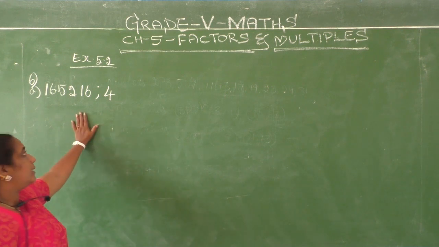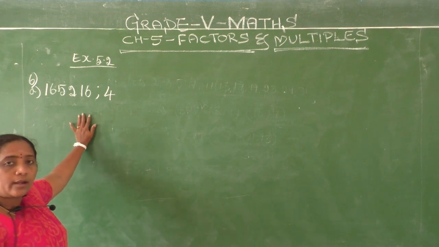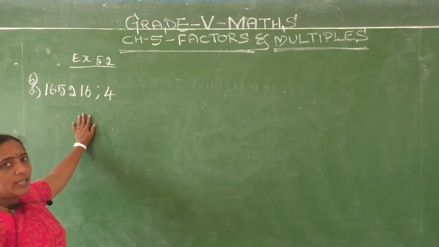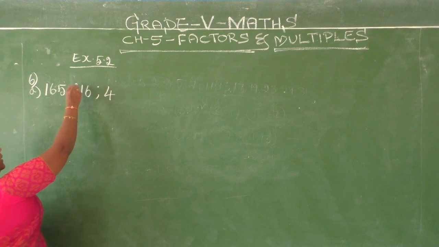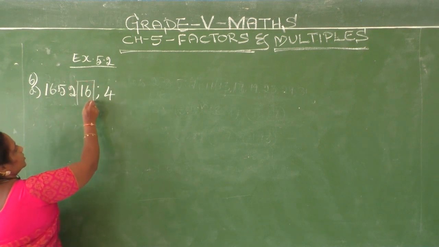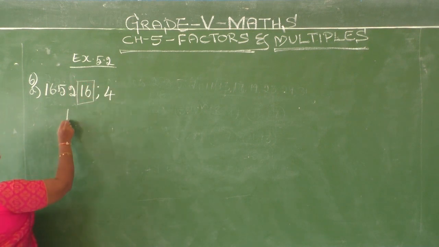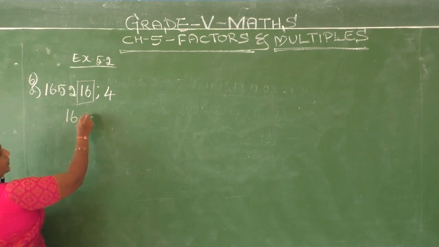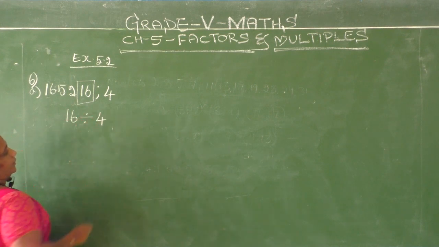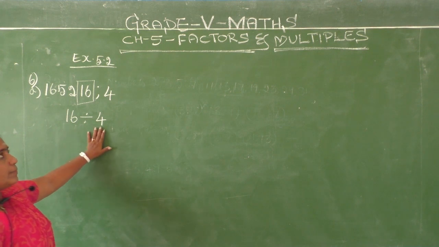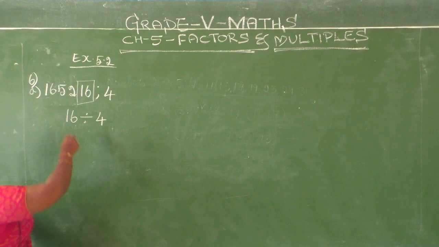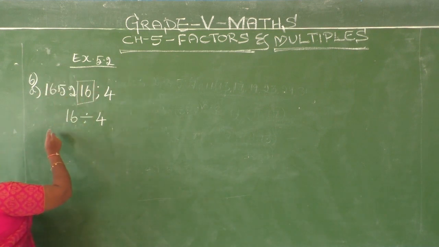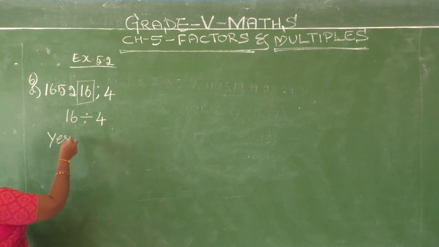We have to take the last two places, the 1's place and 10's place. Here the 1's and 10's places give 16. So take 16 and check whether it is divisible by 4. Definitely it is, since 4 4s are 16. So that means this whole number is divisible by 4. Yes, the answer is yes.